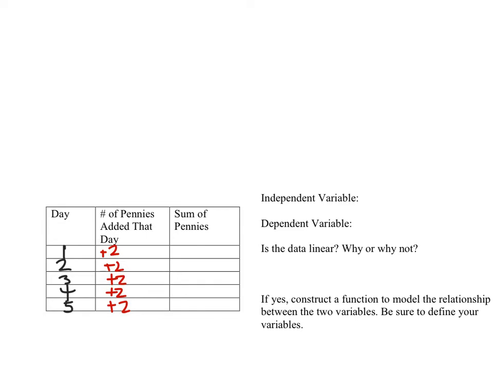So the sum of the pennies then becomes, on day 1, they will start with 2 pennies, and then on day 2, he got 4 more pennies, so he actually had 6. And then on the next day, he got 6 more, so that would have been 6 plus the 6 that he had, so that's a 12, right? And then the 4th day, he got the 12, but then plus 8, so that's 20 pennies right here. And then the 20 plus 10, 30.